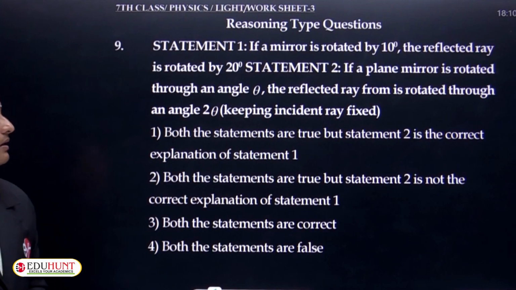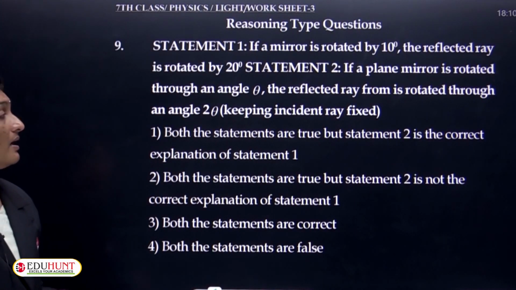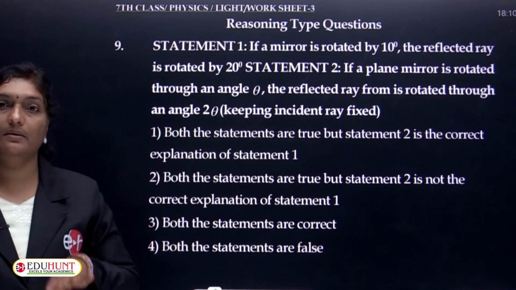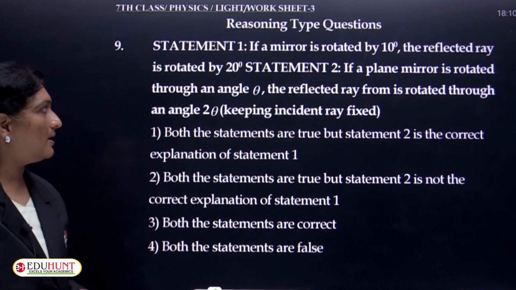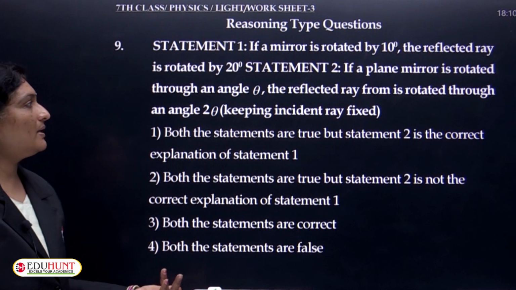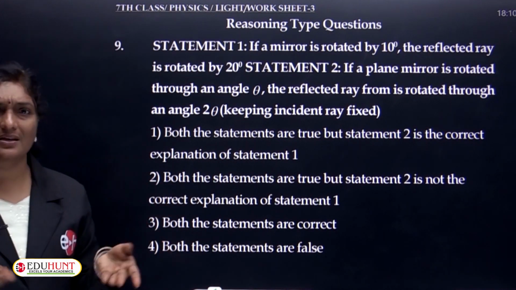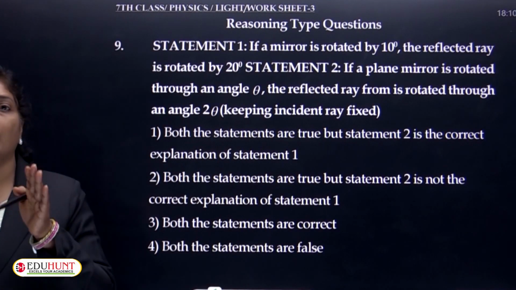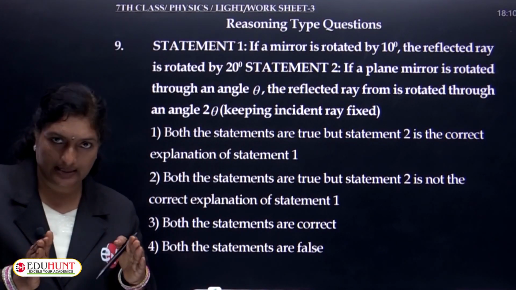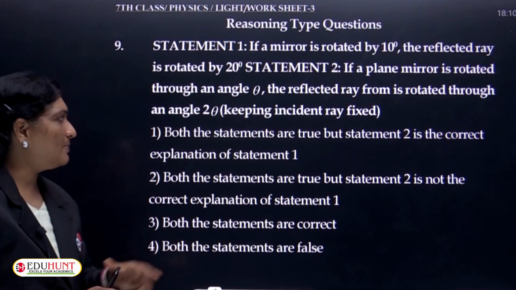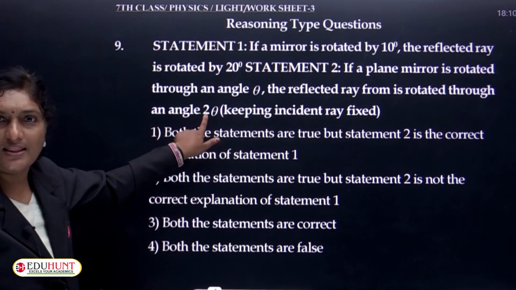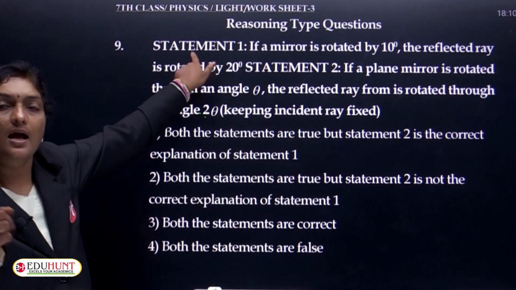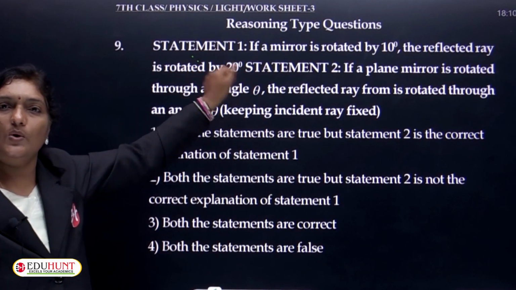Now, the second statement: if a plane mirror rotates through an angle theta, the reflected ray from it is rotated through an angle 2 theta. That is what we have discussed now. Whenever a mirror is rotated by an angle theta, the reflected ray must be rotated by 2 theta. Based on that only we have explained statement 1. If a mirror is rotated by 10 degrees, the reflected ray is rotated by 20 degrees.